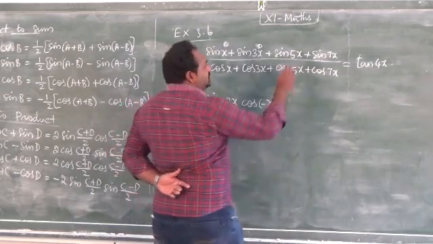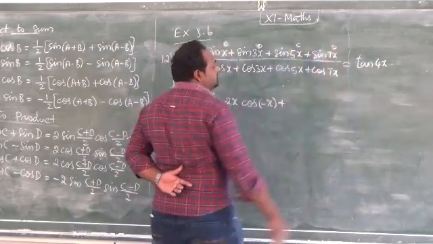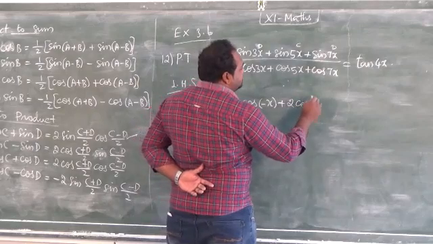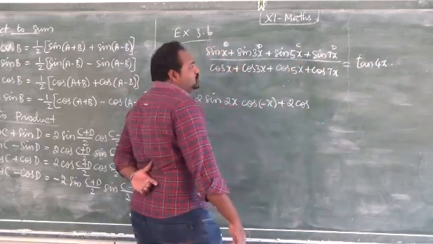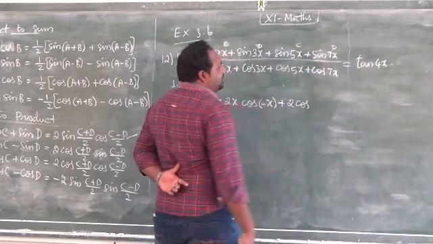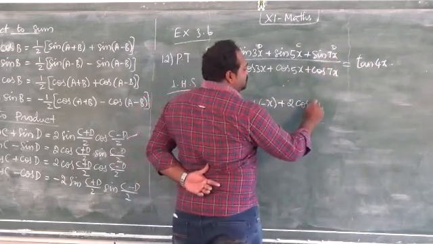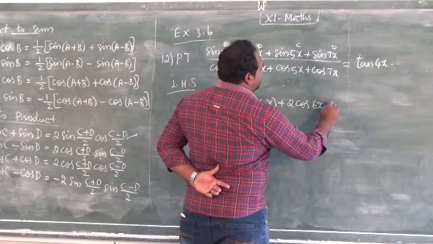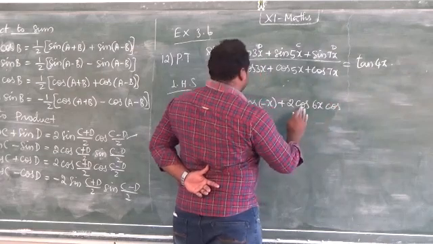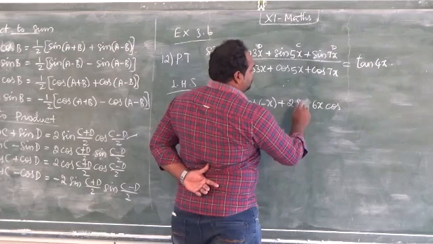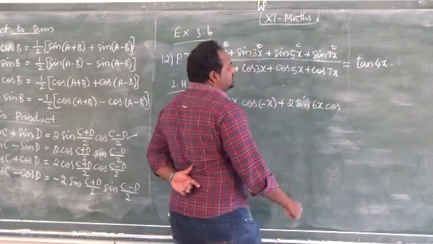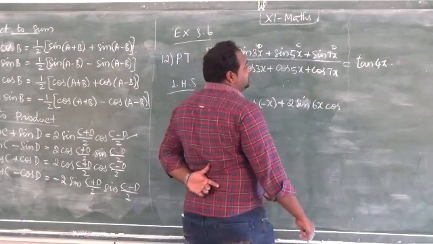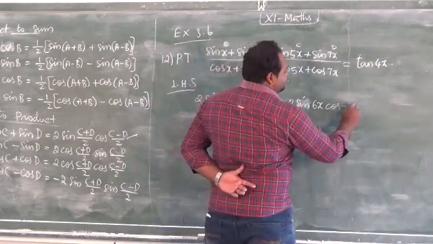Plus the same formula for sin 5x + sin 7x: 2 sin((5x + 7x)/2), 12x by 2 is 6x, into cos((5x − 7x)/2), minus 2x by 2 is minus x.